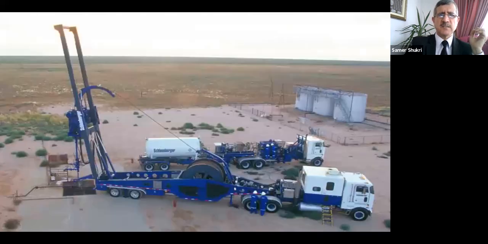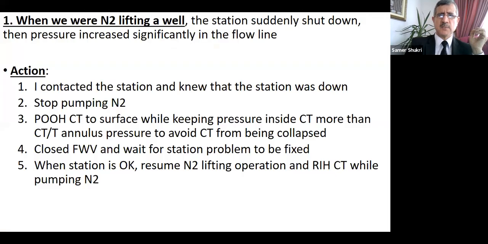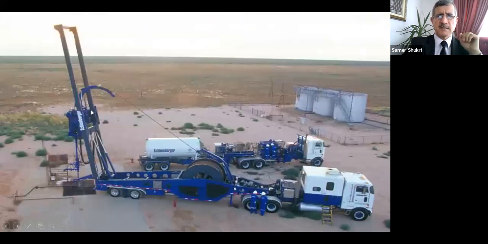You see, this is the nitrogen. For example, during nitrogen lift, this is the nitrogen tank and this is the nitrogen pump. While the coiled tubing is in the well, we see that the flow line pressure of the producing well has increased rapidly.